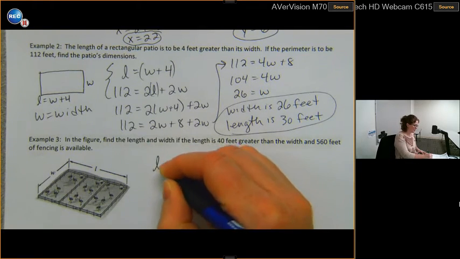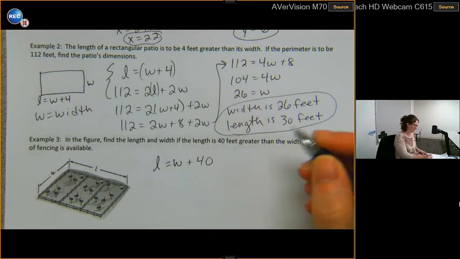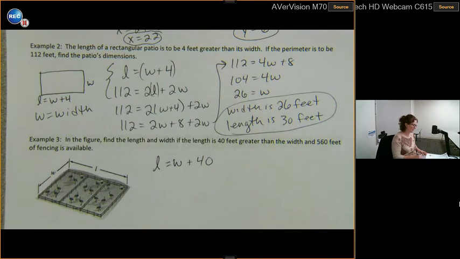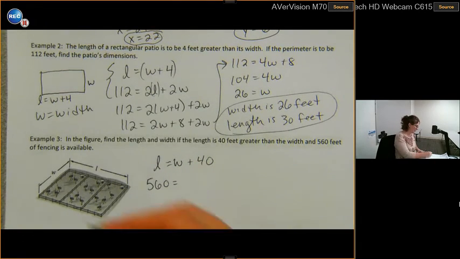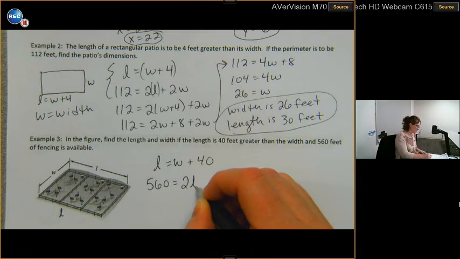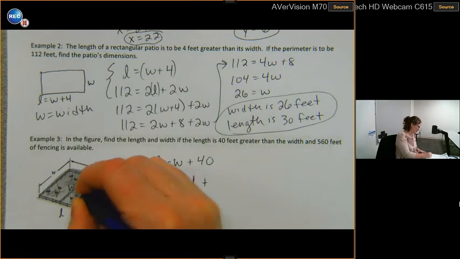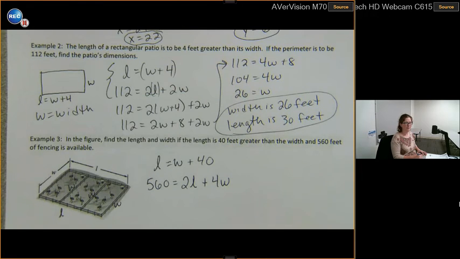So the length is 40 feet greater than the width. 560 feet of fencing is available, but it's not just a straight perimeter problem because I do have 2L, but I have 4 W's because of all those cross sections.